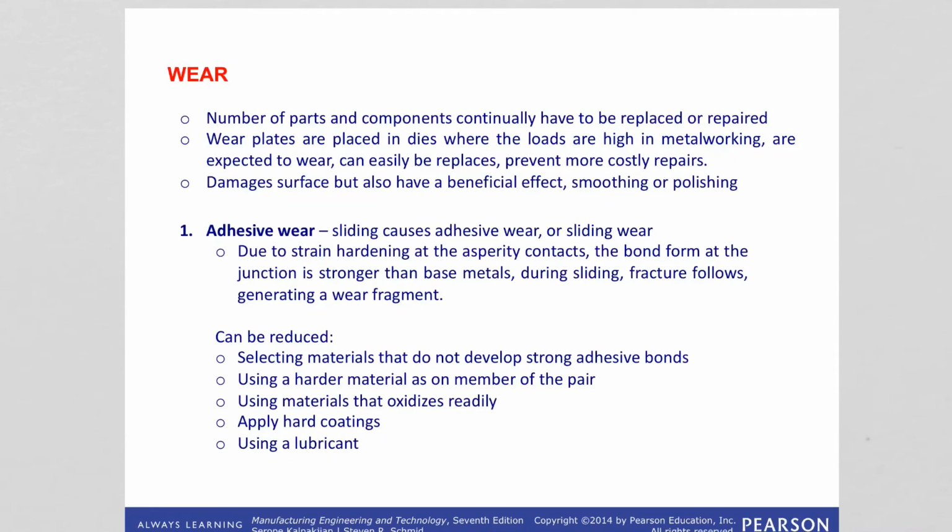Now we're going to describe basic wear mechanisms relevant to manufacturing operations. The first one is adhesive wear. When two bodies are in contact, there is an interface, and if a tangential force is applied, shearing can take place at the interface of the two bodies, like the image you are seeing here.